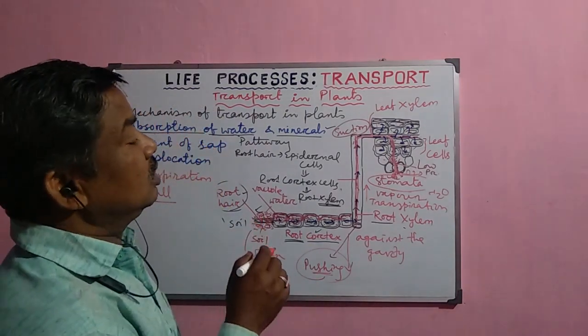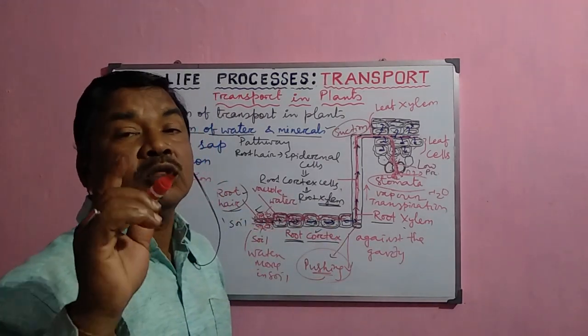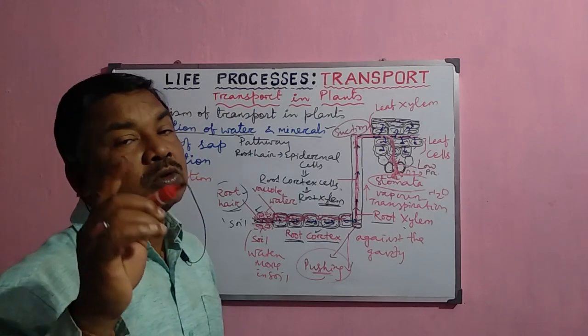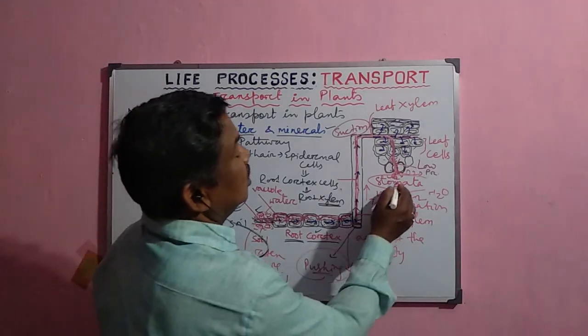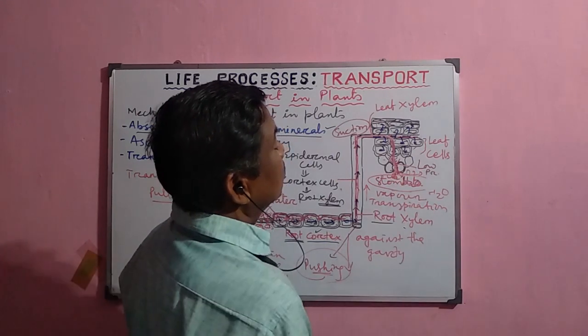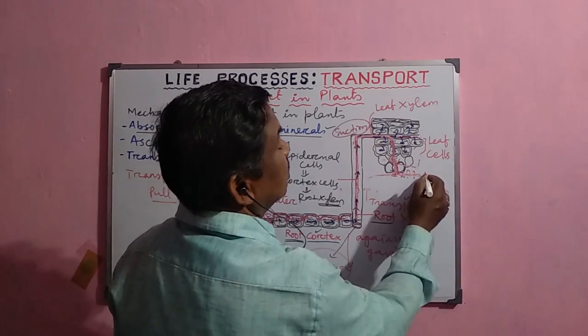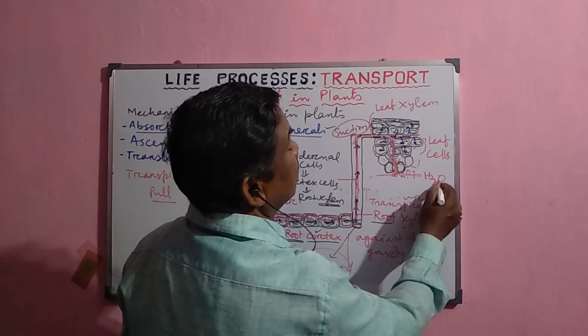And transpiration is the process by which water is lost to the environment in the form of vapor through the stomata. When the water vapor is continuously lost in this direction, what will happen?